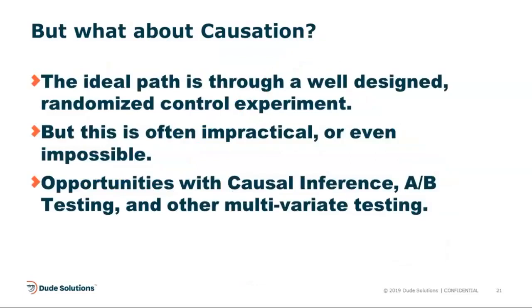So what about causation? Causation can be difficult to prove because there are a lot of variables. It is possible using a very well-designed controlled experiment, with things like A/B testing, multivariate testing, and causal inference.